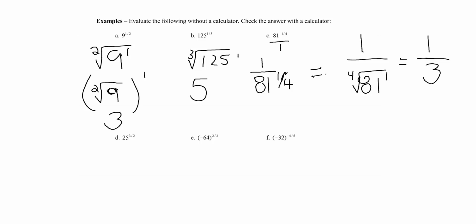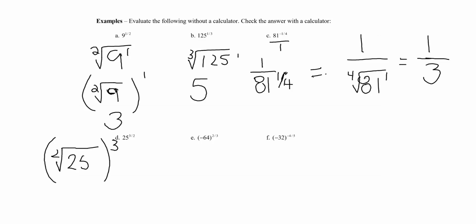Now the bottom 3 examples, we do a little bit more work with them here because we have an exponent of a number greater than 1. So we have to evaluate that as well. Here, I'm going to take 25 to the 3/2 power and write it in power or radical form first. So here I am going to have the square root of 25, and then I'm going to put parentheses raised to the 3rd power.